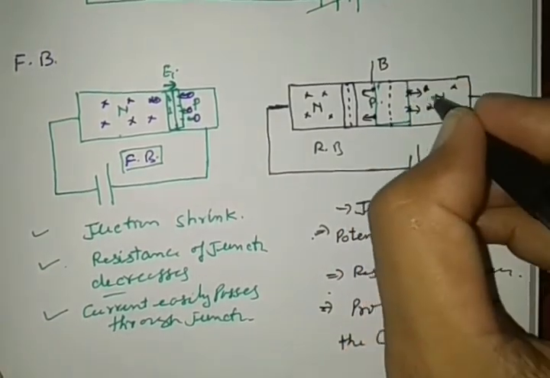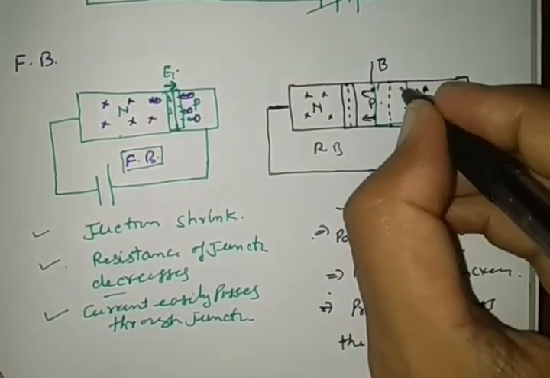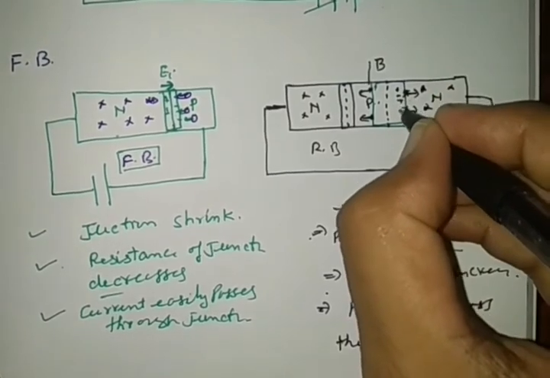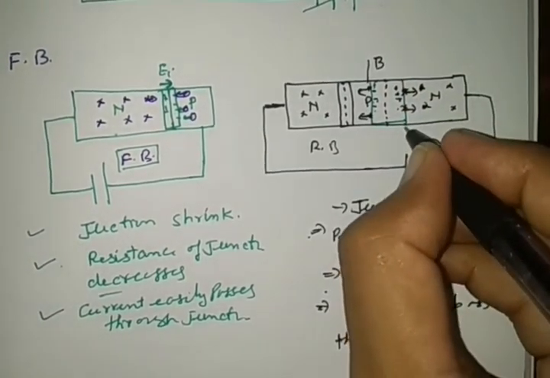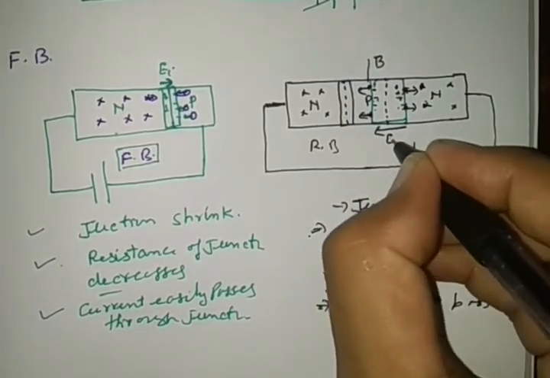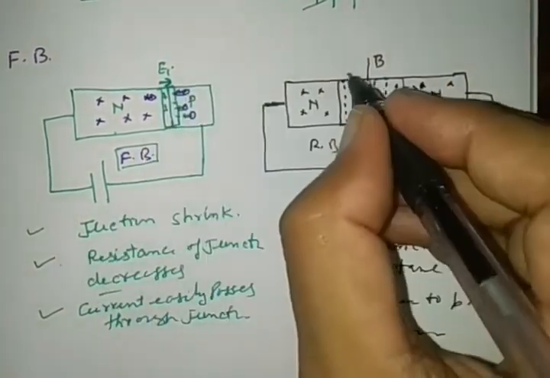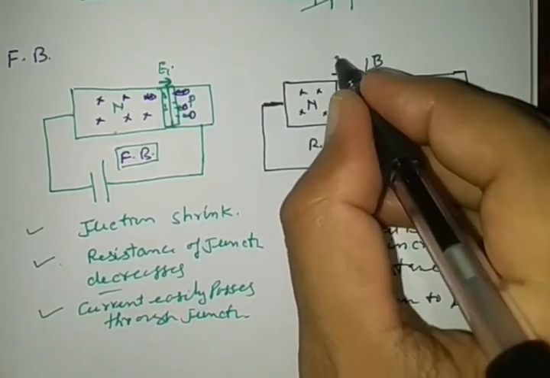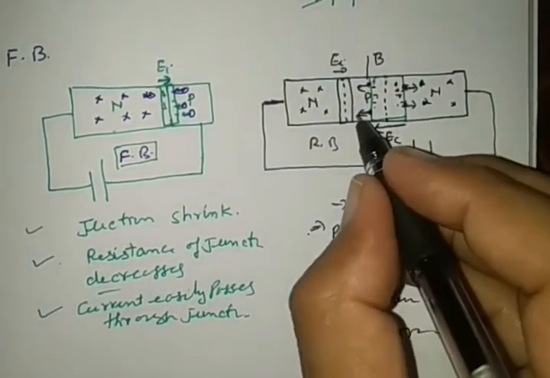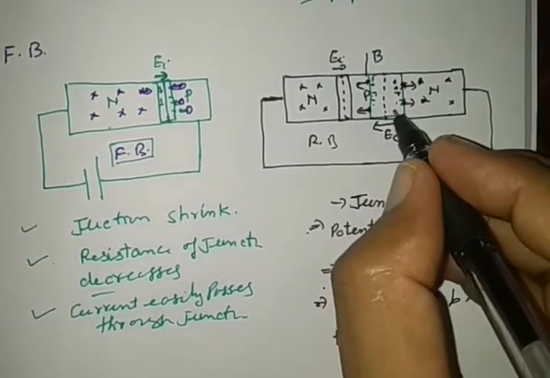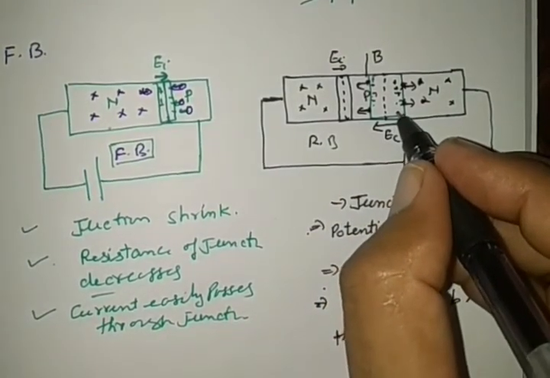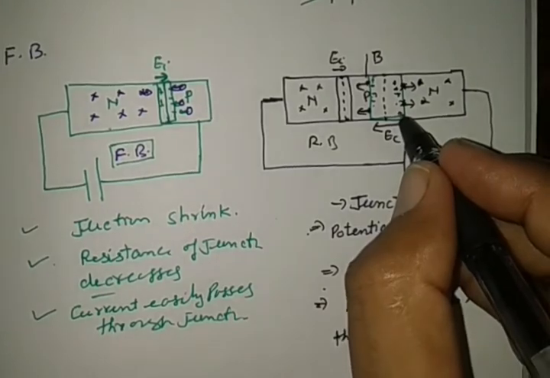See in this, it is negative, so this plate becomes positive and this plate becomes negative. So an internal field is developed on this side. Here the internal field was on this side in the first junction, and in the second. So the first junction size shrinks and the right-side reverse bias junction size increases.